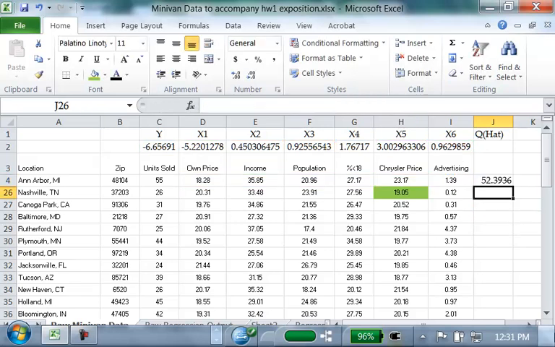So here, the model that we ran, the regression, told us that inside Ann Arbor, we should be selling 52 cars.